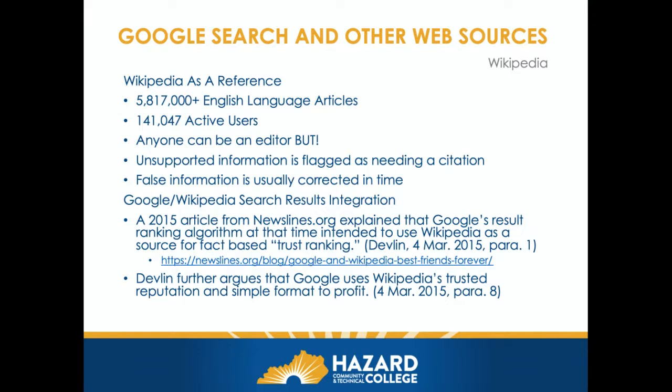And the important thing to keep in mind with Wikipedia is that anybody can create an account, anybody can make changes or write an article, which is both a weakness and a strength, because anyone can go in and insert misinformation into an article.